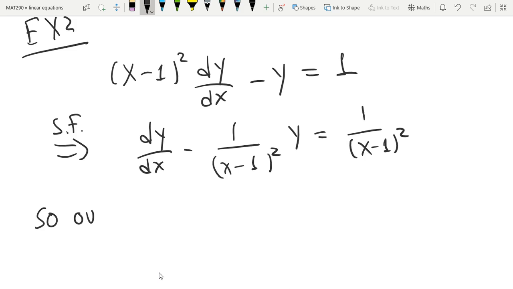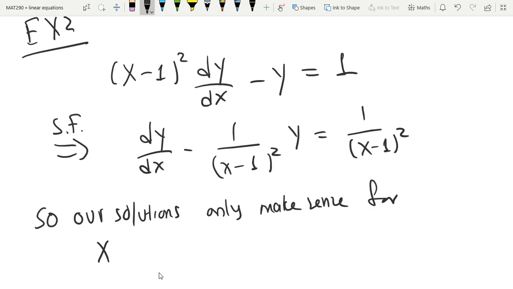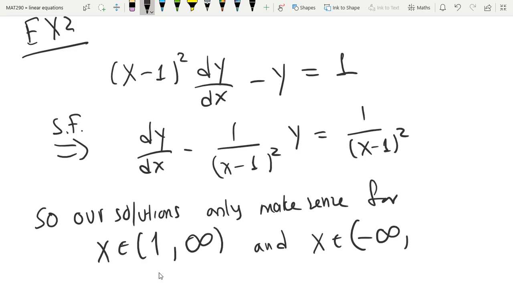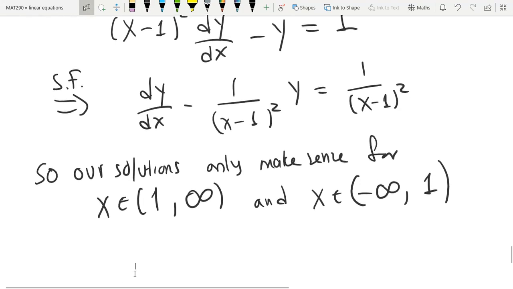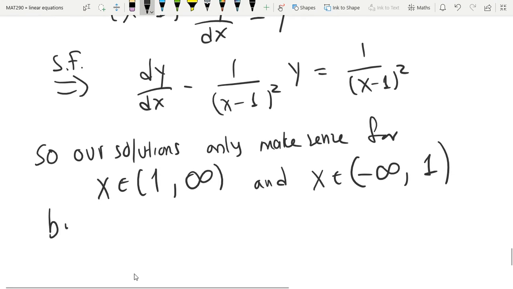So our solutions only make sense for x bigger than 1, so 1 to infinity, and x smaller than 1, minus infinity to 1. But at 1, we do not have a solution. No solution.